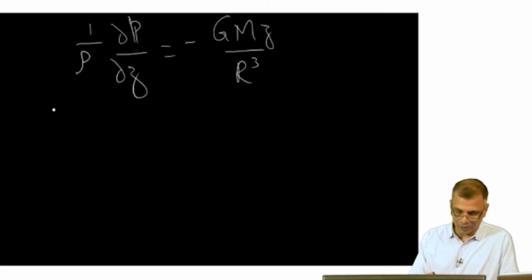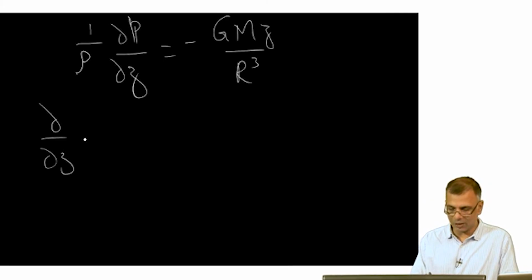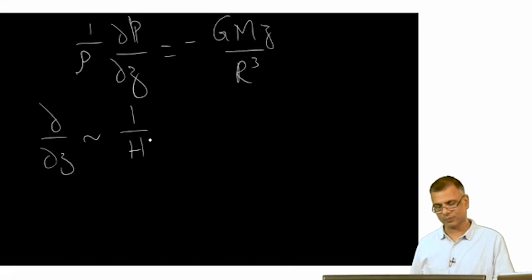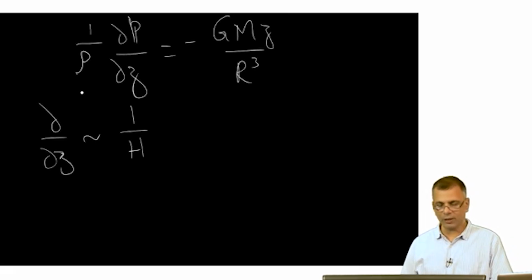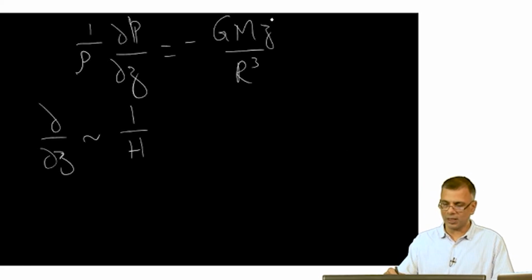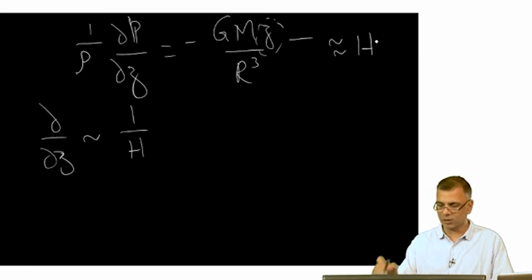So, what we do is we say, wherever we see a d over dz, we replace this with 1 over h. That is because we really have no vertical structure. So, a d over dz can be replaced by a 1 over h. And we also say z is approximately h.